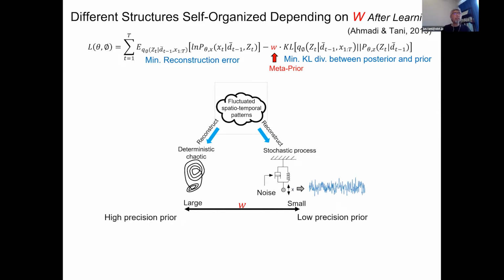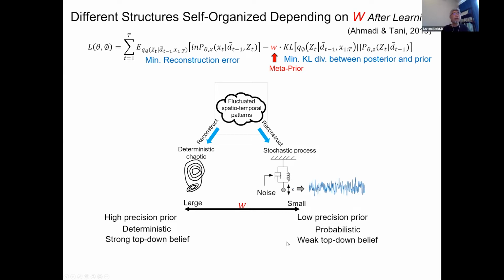Cognitively, if we set W larger, it means the top-down prediction has a small sigma, that is, high precision, estimating that my prediction is very correct. A small sigma means deterministic dynamics. On the other side, it is low precision because of a larger sigma, probabilistic.